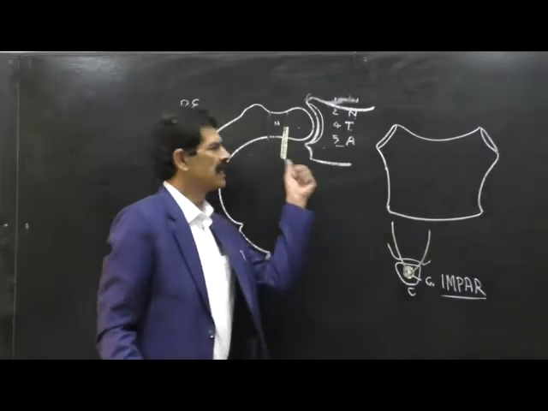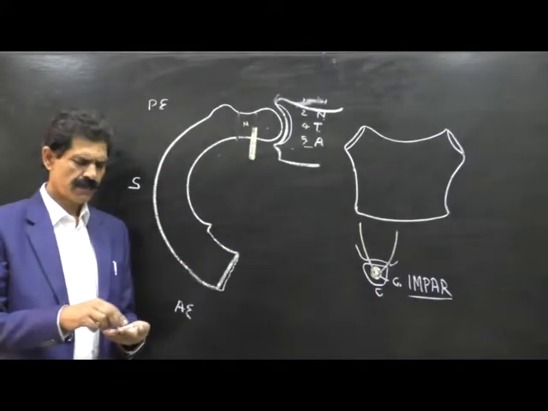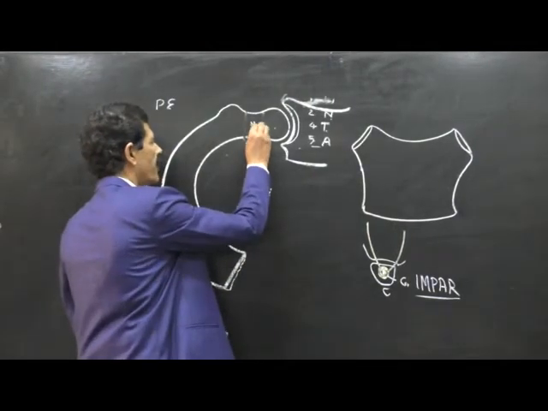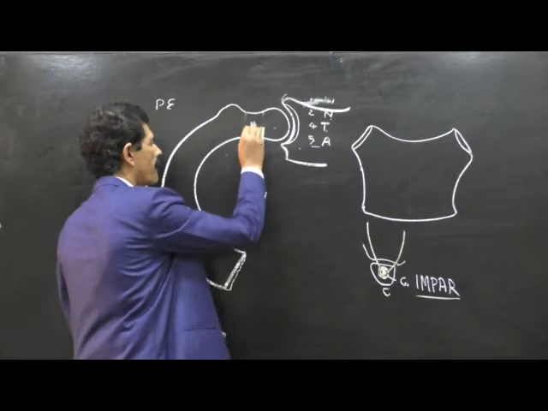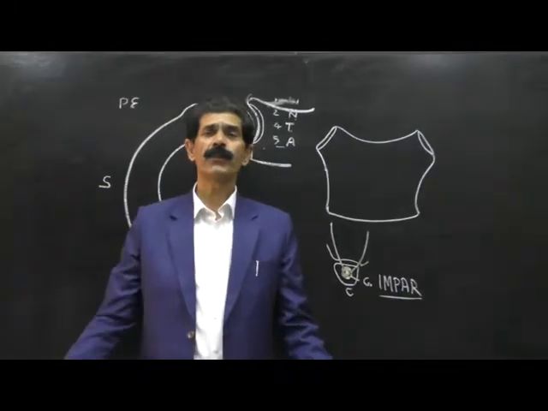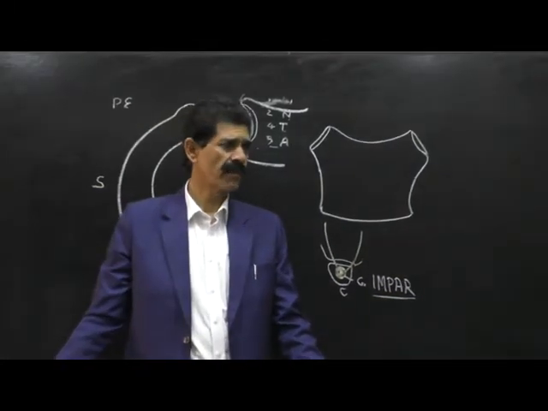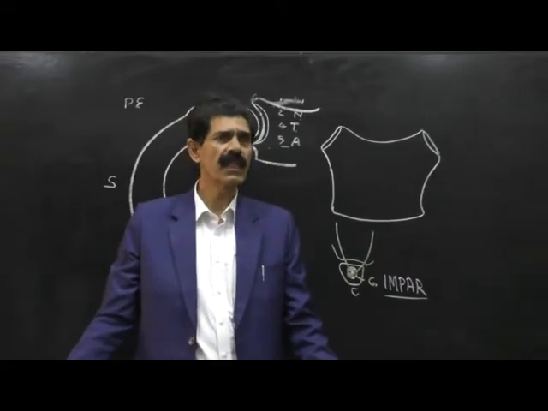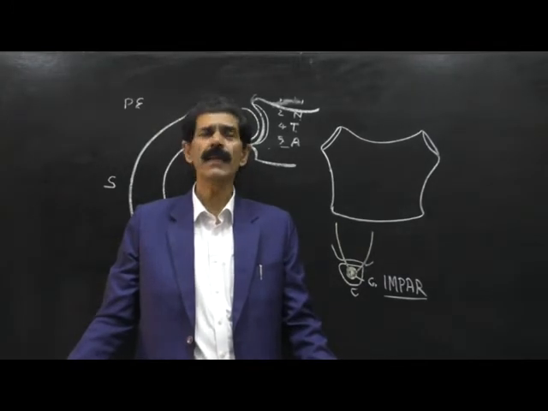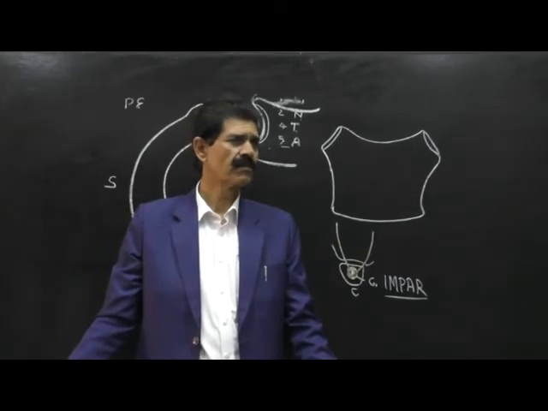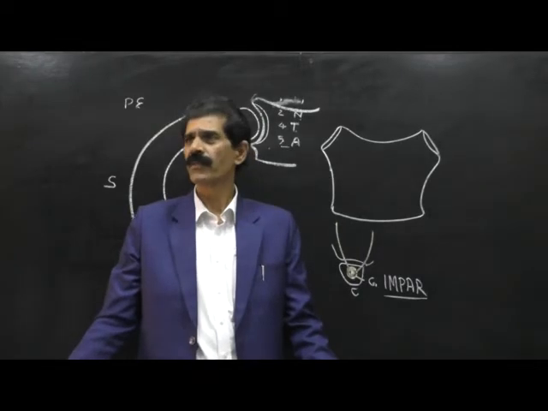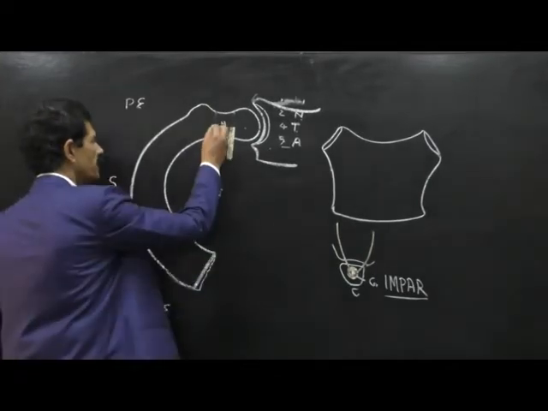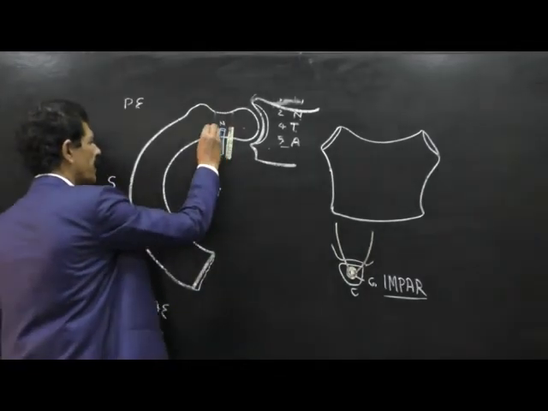Then, lateral to the sympathetic chain lies the vein. First posterior intercostal vein. First rib and first posterior intercostal vein, that should be your answer. Then the third thing, lateral to this lies the artery.